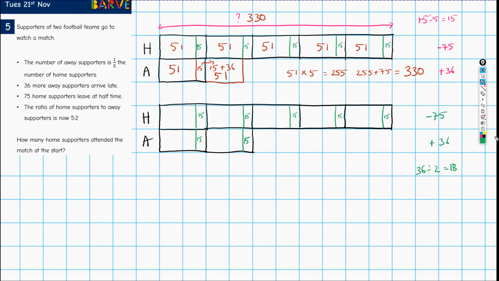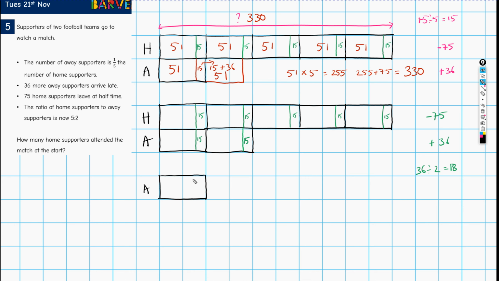Now, this is where we need to think about, what did the original away bar look like? I'm going to draw that in here. So this is what the original away bar looked like. So that's all the original away supporters. Where are they? How can we see them here?